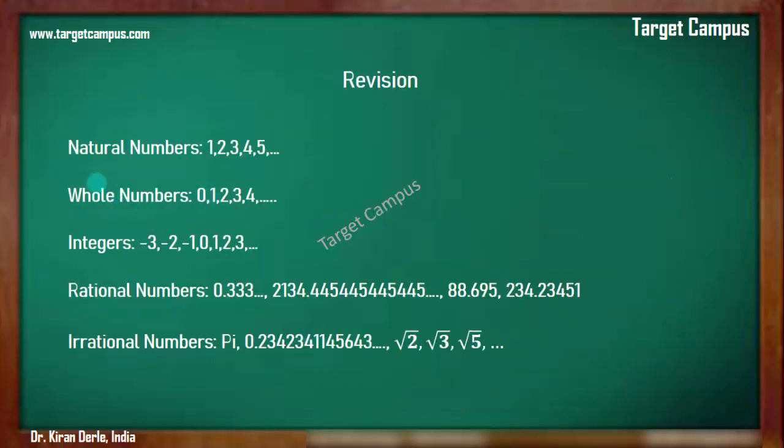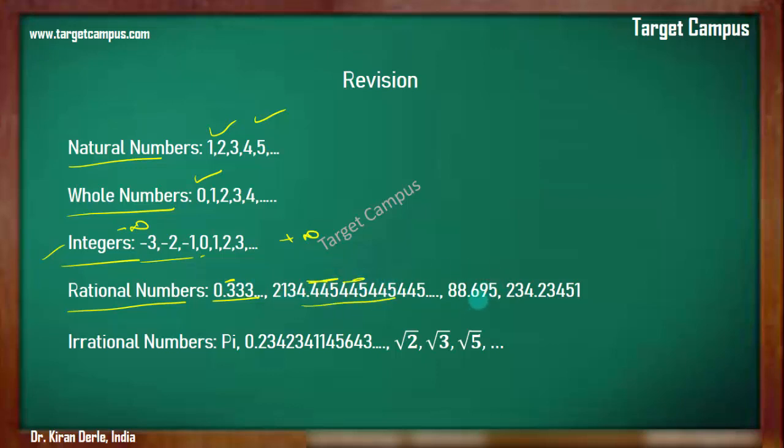Okay, let's have some revision. These are the natural numbers. Whole numbers start from 0. Integers are these, right? So you can go till minus infinity and till plus infinity, but the decimal part will not come under integers. Rational numbers are these: non-terminating but recurring, something is recurring here, right?